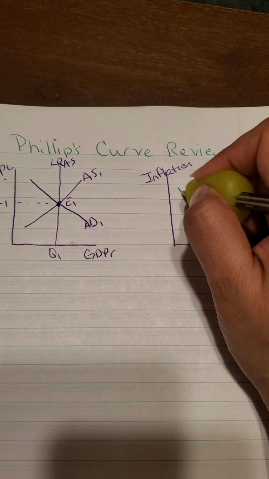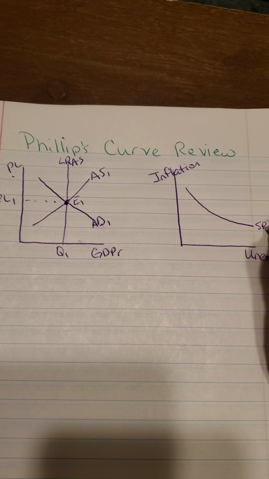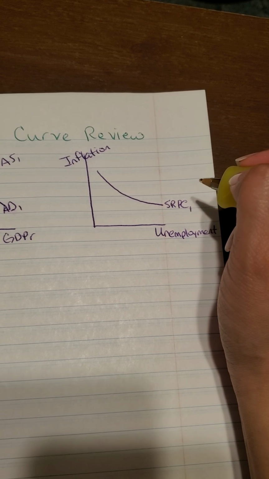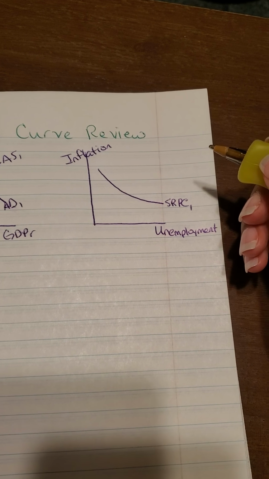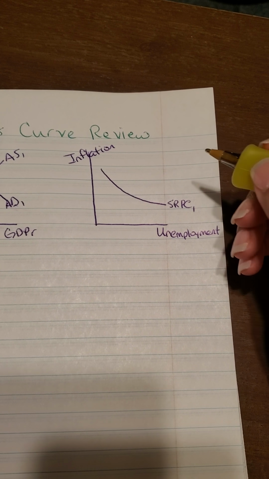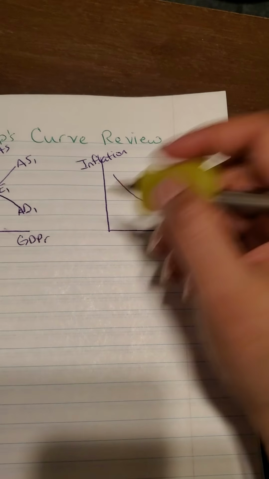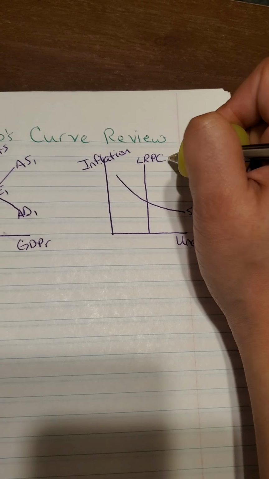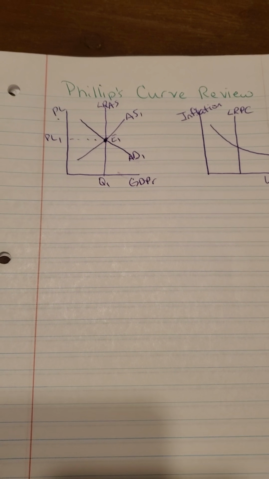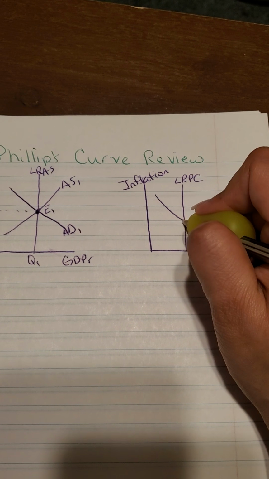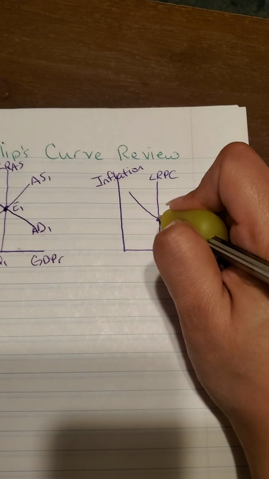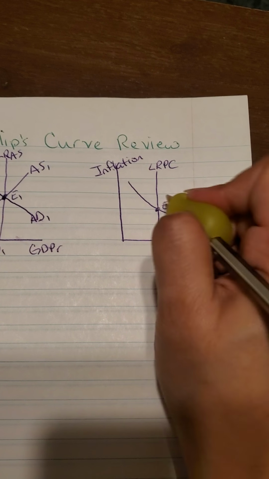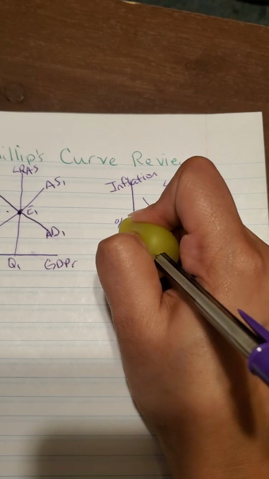Our short-run Phillips curve, SRPC, is downward sloping because there is an inverse relationship between inflation and unemployment. We also have a long-run Phillips curve, kind of like we do on the aggregate model. If we're at full employment, our equilibrium on the Phillips curve would be right there, although technically I guess it's not an equilibrium. Label all your points because it's not really intersecting with anything else.